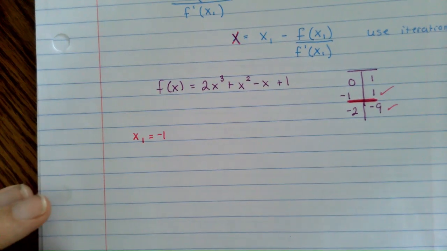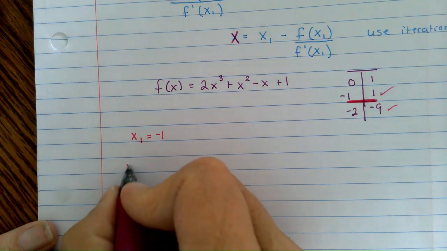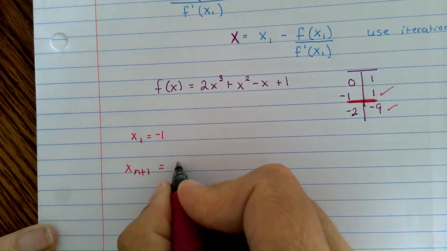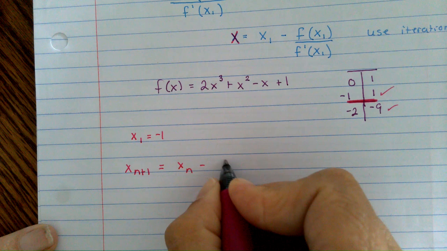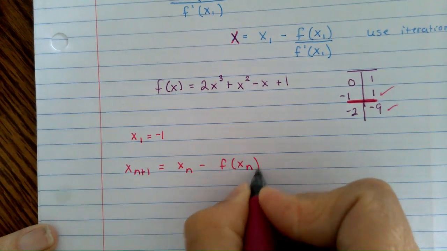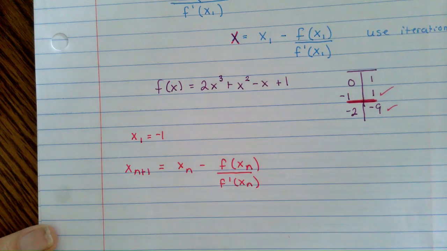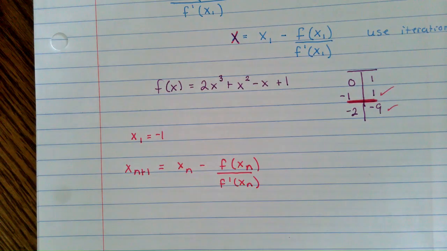Newton says that to get x sub n plus 1, we do x sub n minus f of x sub n divided by the derivative of x sub n. And then we complete the process.